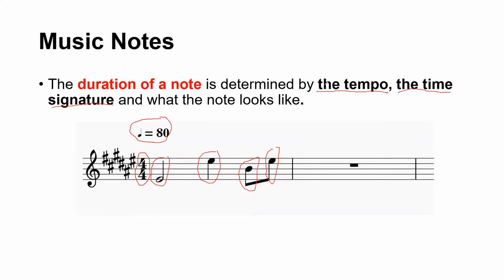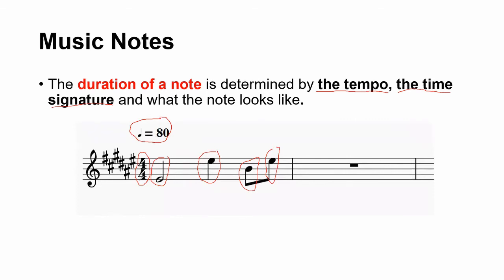So if you want to know how long am I supposed to hold this note for, first of all, you need to look at the tempo. Sometimes you may see some piece of music that doesn't have a tempo, but just has a time signature. That's fine. But in standard music, you would always see a sheet of music that has a tempo.